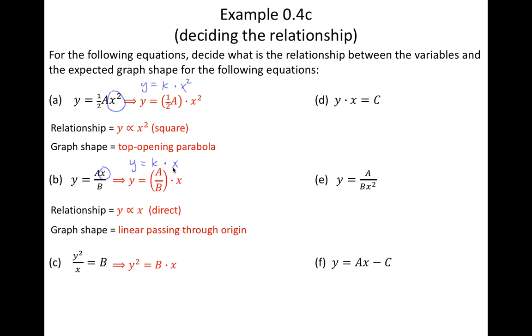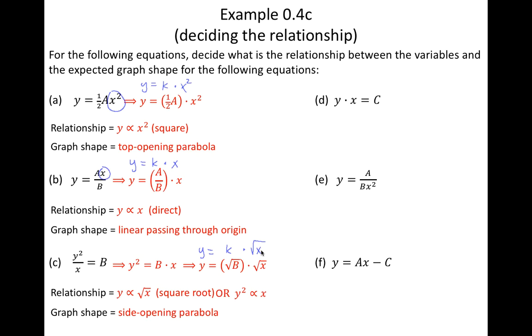And we can write this just a little bit differently, and this way it's a little more clear how this will match up with the general form for a square root relationship, where we have y equals k times the square root of x. So this is a square root relationship, and the graph shape is going to be a side opening parabola.